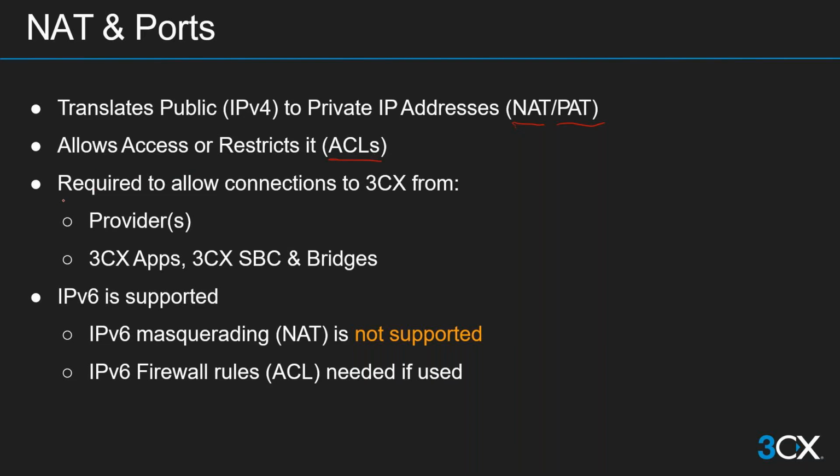It is required to allow connections to 3CX from providers, 3CX apps, SBCs, and bridges. IPv6 is supported. Masquerading via NAT is not supported. Firewall rules are required if that is used.